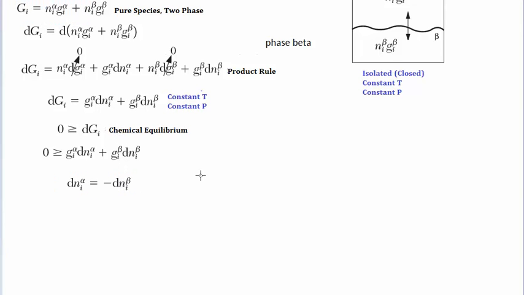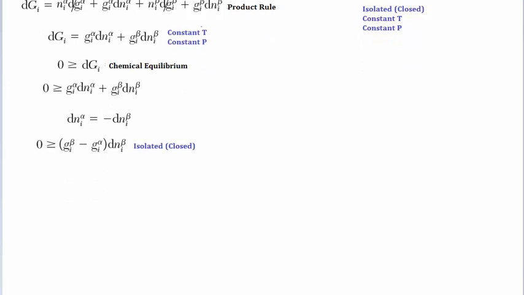equal and opposite. And what that allows you to do is distribute like so. So what you're left with, if we make this substitution, is your change in Gibbs energy as the difference of Gibbs energy between the two phases and the change in the number of moles.